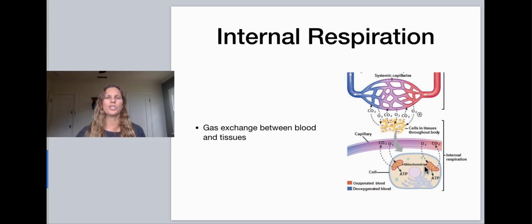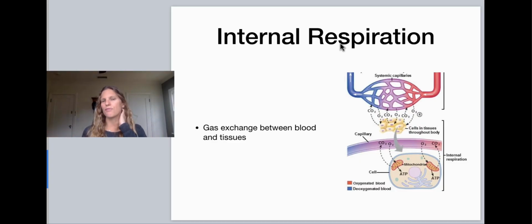That's cellular respiration, internal respiration. And CO2, which is produced as a waste product, moves into the capillary, and then ultimately travels back to the right side of the heart in venous blood. So those two things are extremely important.